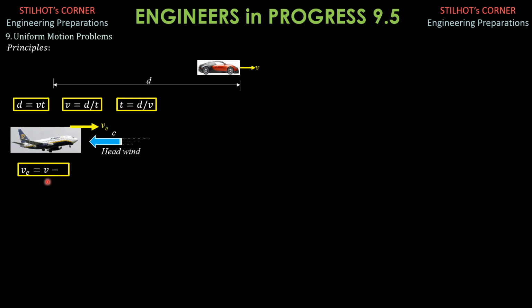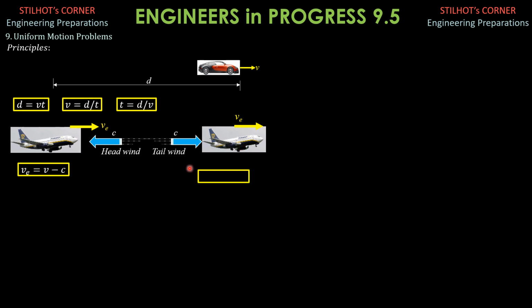So v effective equals v minus the headwind, which is denoted by c, and v is the speed of the plane in still air. C is in general the current, or the speed of the resistance to that moving plane or flying plane. Then if we have a tailwind, the effective speed of the plane would be V plus C.